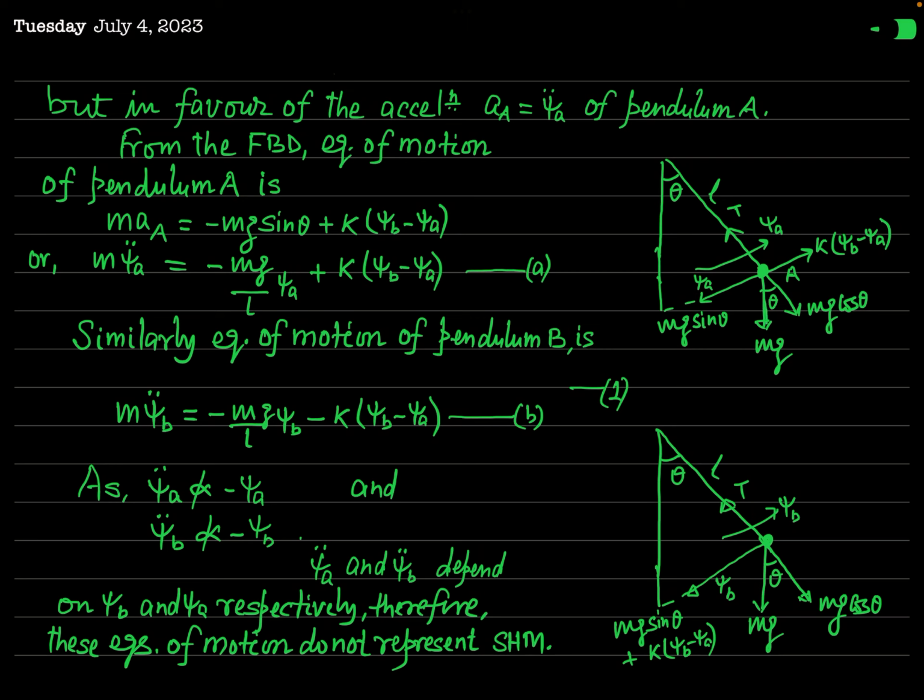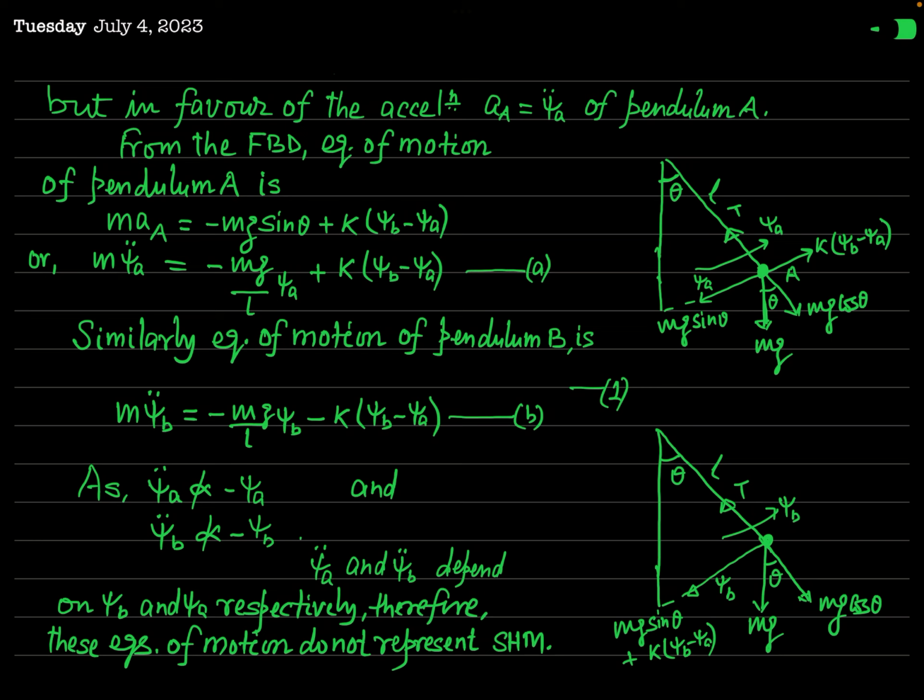I have shown that this pendulum has been displaced from its equilibrium position by a very small angular displacement theta, and it is very small because we are considering the case of a small oscillation. Another force acting on this bob will be the tension T of the string.